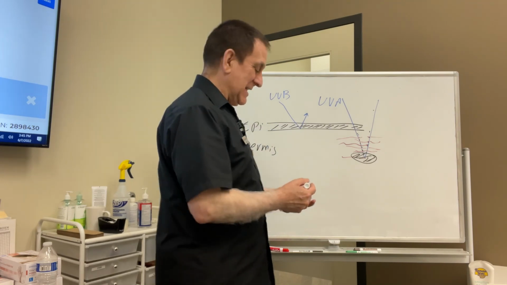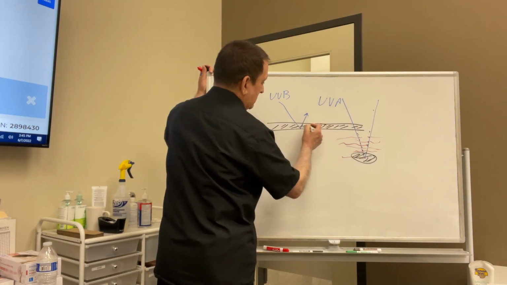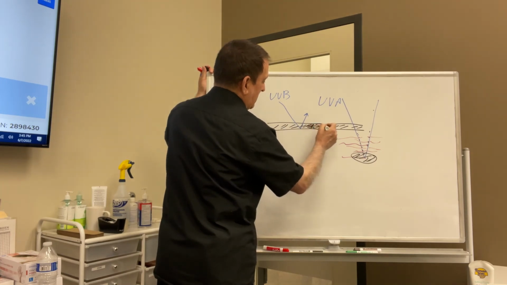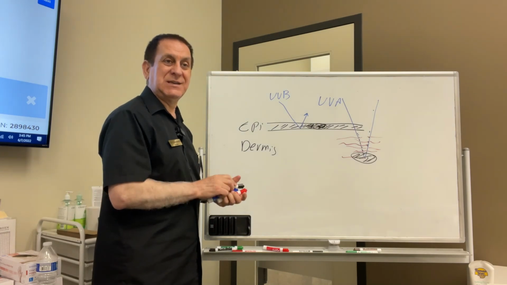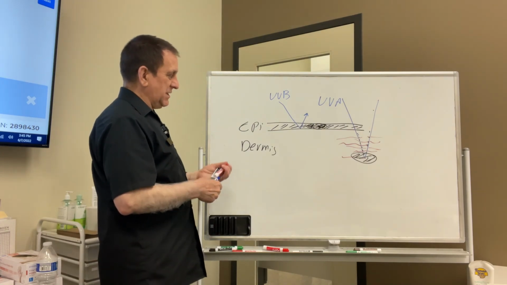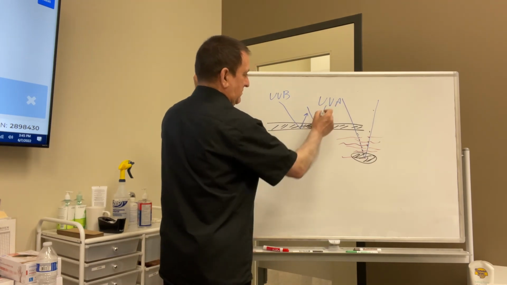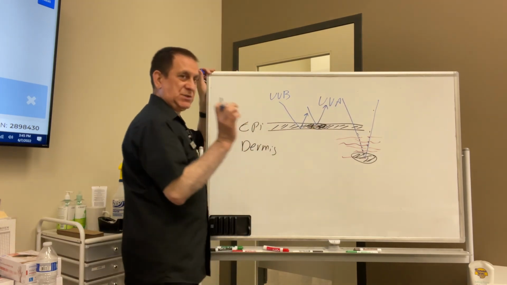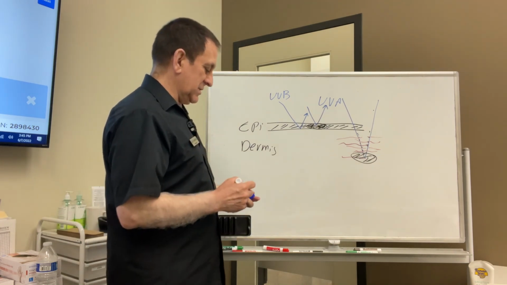And if the hyperpigmentation is in the epidermis, let's say here, then the light doesn't go too much into the skin. What happens? It comes here and reflects back immediately, and that's why we see the border so sharp. That's UVA, Wood's lamp UVA.